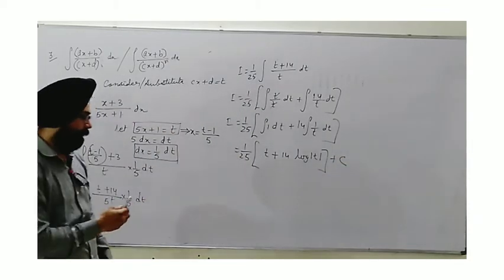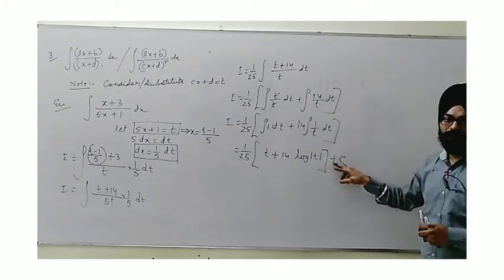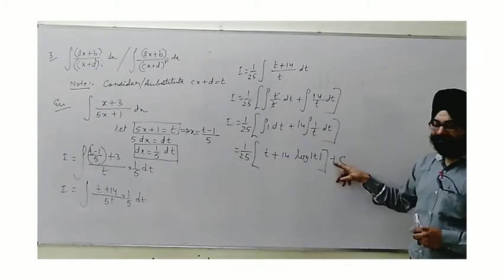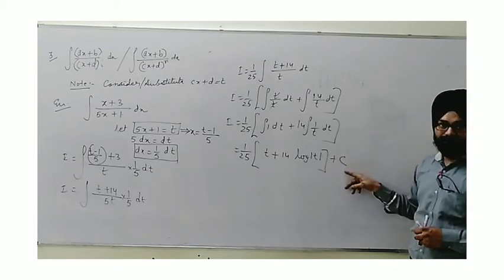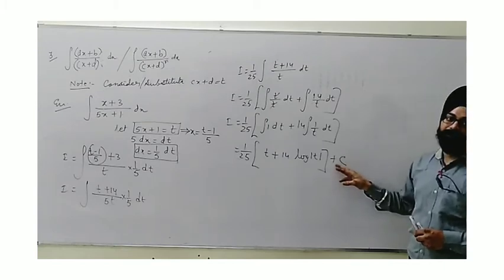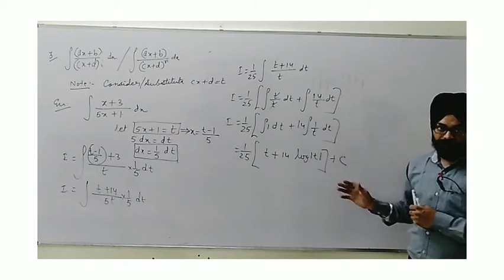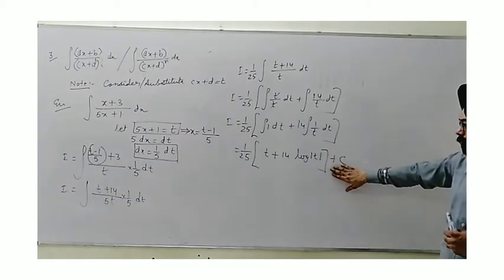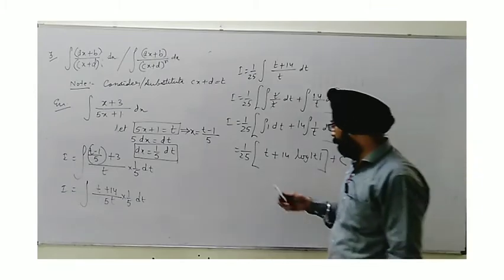Doesn't matter, whether plus or minus, we always put plus c. Suppose some constant has a minus, like minus c1 is given, we can convert this as plus c. The constant just symbolizes a value which does not contain the variable. So that's why we always put plus c. Here for log t we have taken t.